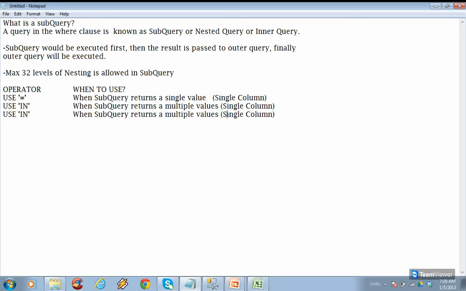What is that? Use the exists function, when the subquery returns multiple values and not just a single column, multiple columns also.